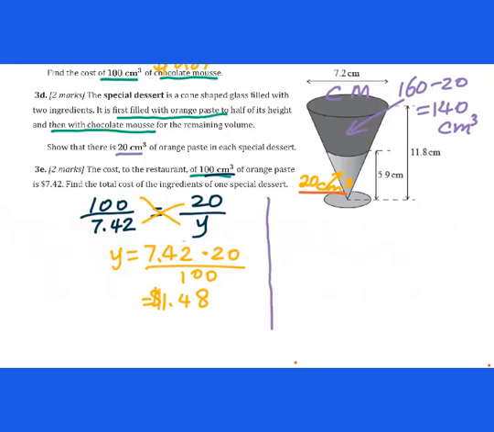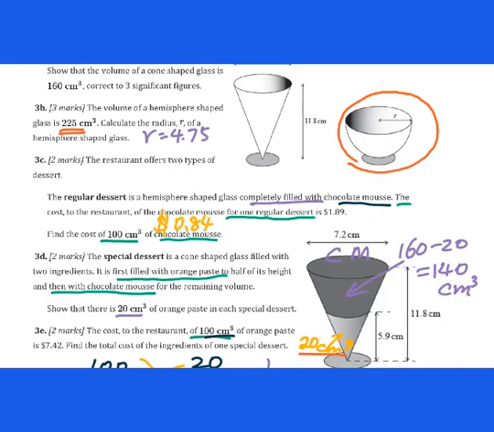As we know, for the regular dessert, you have to pay $1.89 for the volume of this hemisphere, that's 225 centimeter cubed. According to the ratio, we can figure out for this special dessert, chocolate mousse with 140 centimeter cubed, how much we should pay.